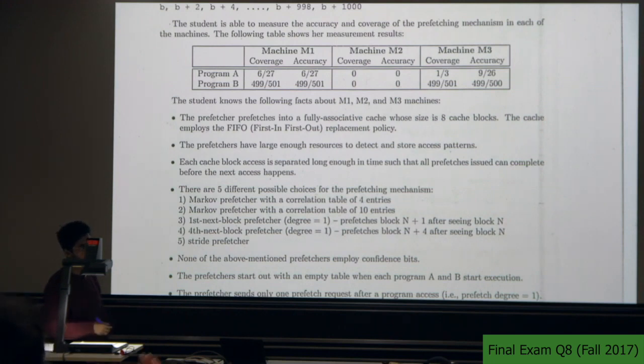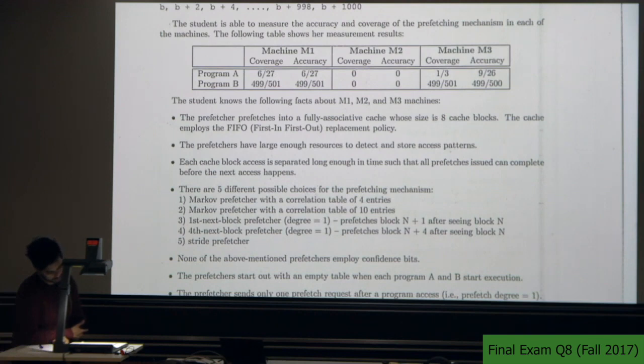Okay. This cache has both the actual accesses and the prefetched accesses? This one? These 8 cache blocks will have, so if we have A, it's A and A plus 4. And A plus 2? I won't say that. Because it just says that it prefetches into a fully associative cache. Maybe you can think of it as a different cache, like a stream buffer or something.